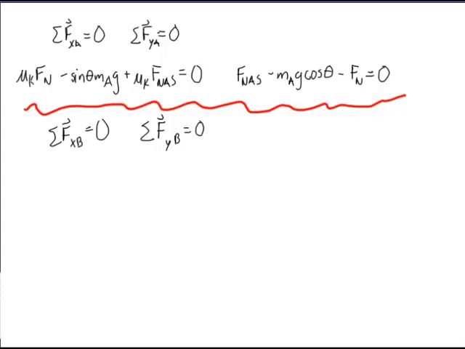And for B, I know that it's positive Fn minus m_B g cosine theta. And remember, theta this whole time is 36.9 degrees. It's just easier to write theta than 36.9 degrees.